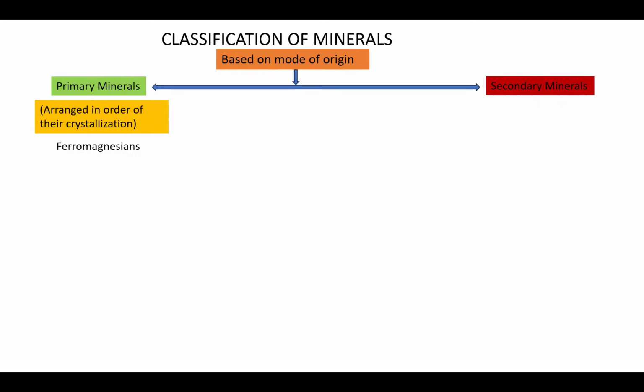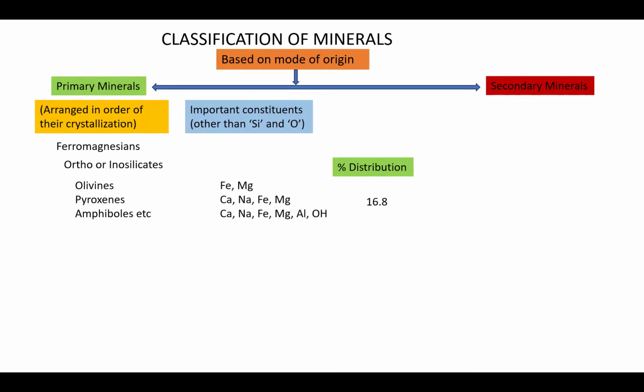One is ferromagnesian. In that, there are orthosilicates and inosilicates. Important constituents of these are iron and manganese, ferromagnesian, just the name itself. Iron and magnesium are the chief constituents. We will discuss in a crystallography lecture what orthosilicates and inosilicates are. Examples are olivine, pyroxenes, and amphiboles.